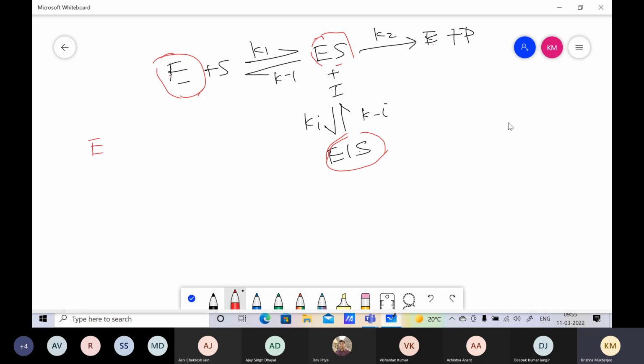What is the master loop? I hope you realize the master loop is this: E, ES, EIS. This is the master drawing.